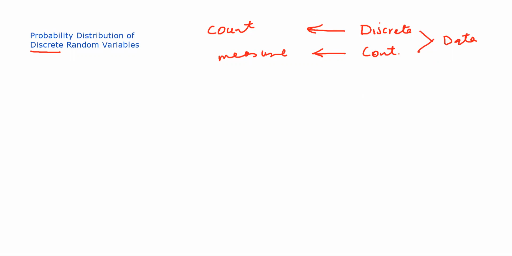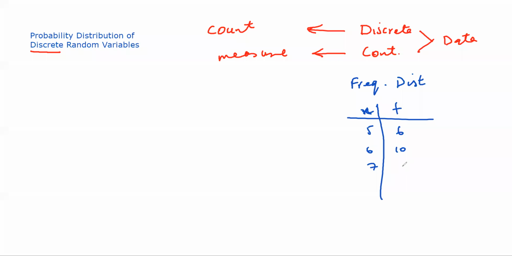Now, the probability distribution. You guys have heard about the frequency distribution. Have you heard about the frequency distribution? Yes, you have heard this a lot. Like, there is X, there is F. Remember that chicken egg example, like my hen is laying 5 eggs for 6 days, and 6 eggs for 10 days, and 7 eggs, let's say, for 8 days, and 8 eggs for 6 days.